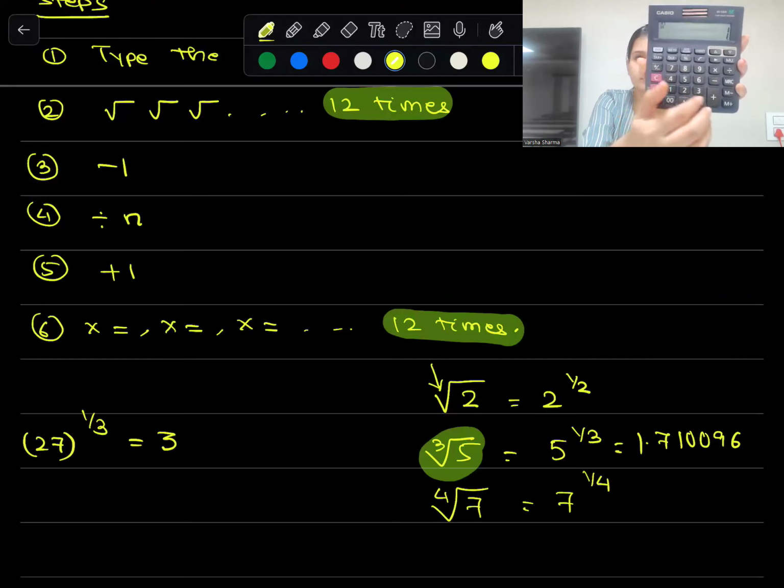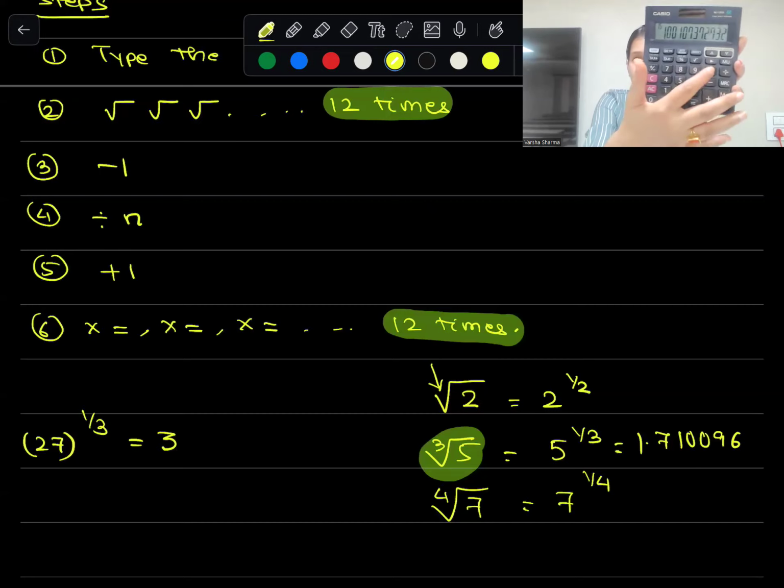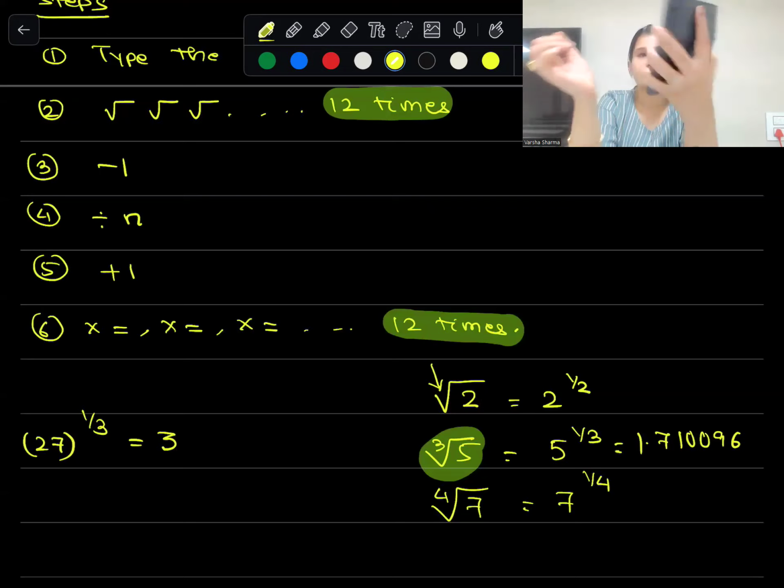Subtracting 1. Dividing it by 3. Adding 1. Now multiply equal to 12 times: 1, 2, 3, 4, 5, 6, 7, 8, 9, 10, 11, 12, 13.